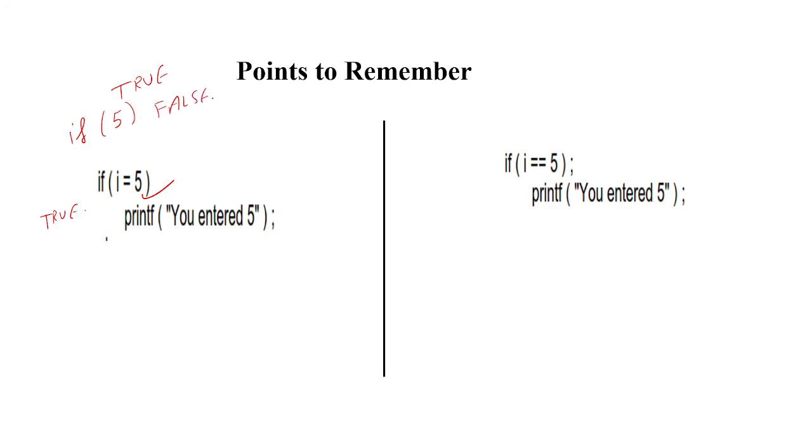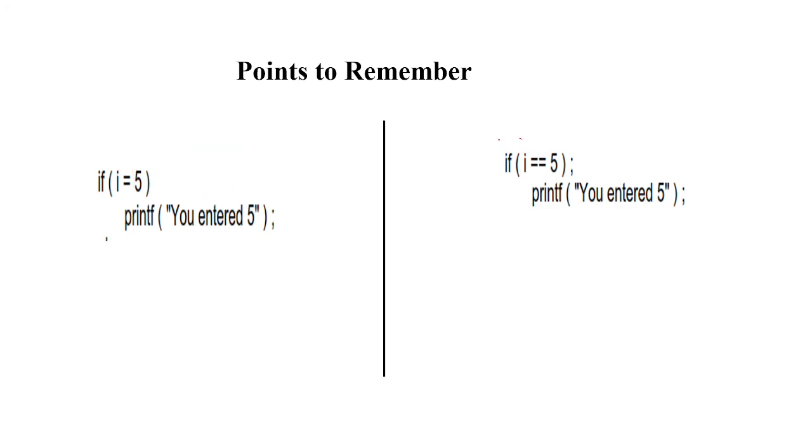So it will always print 'you entered 5'. So remember to use the relational equal operator; there is a difference between this operator and the assignment operator. Remember what we want to do at what time.